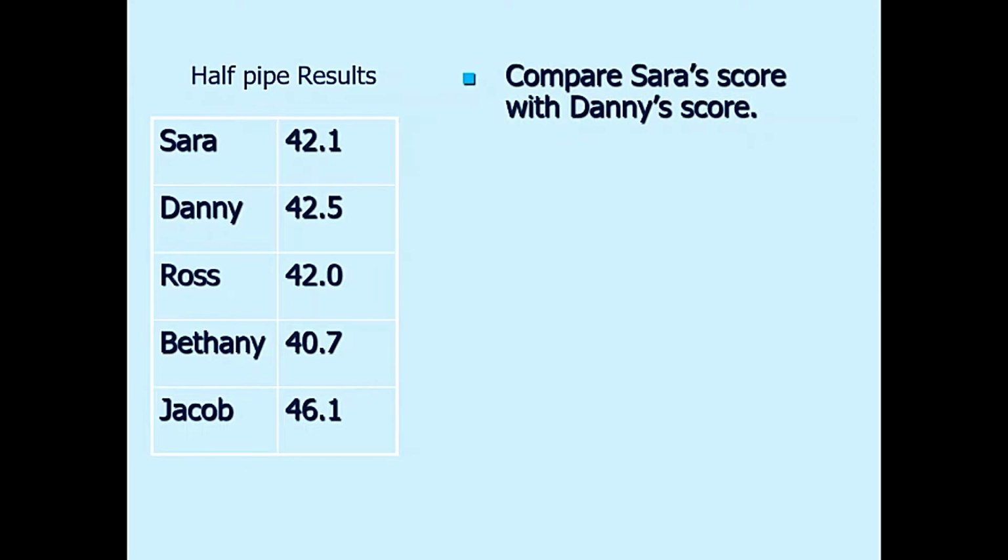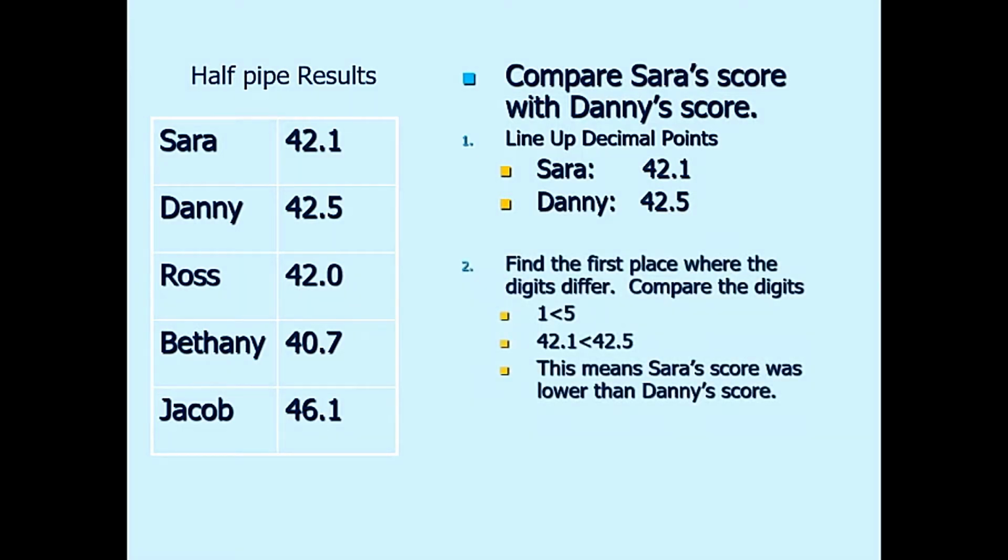Let's use the information that can be found at the left side. Line up decimal points. Sarah's score is 42.1. Danny's score is 42.5.